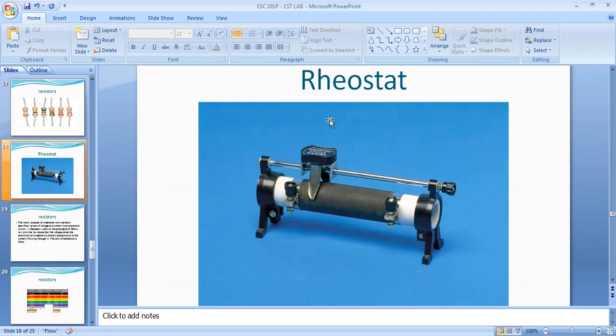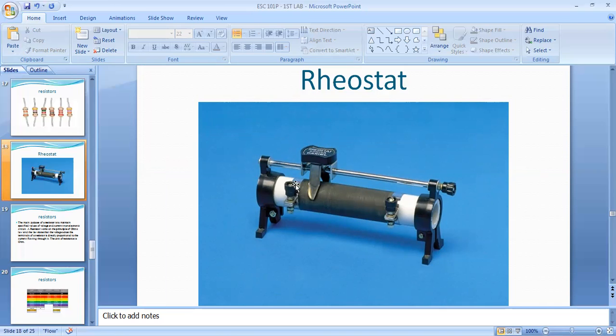Okay, and how is this resistance working? Here the black coating is there, and under the layer of the black coating a coil is wound. Coil is wound under this black coating.